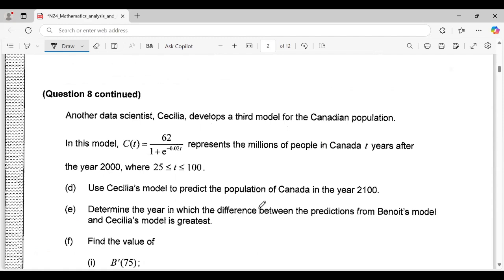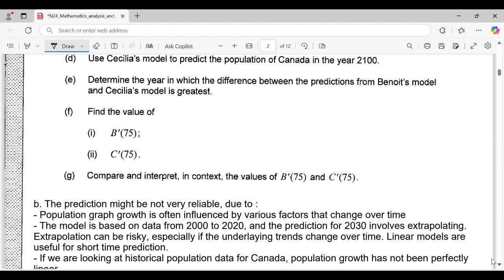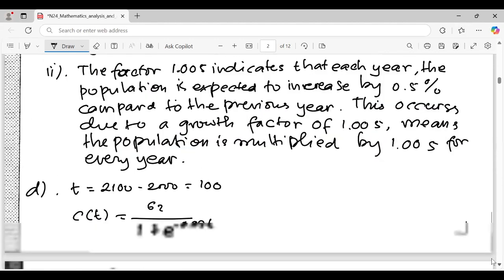So it means we are going to figure out the gap, in which year the gap in the population between Cecilia's model and Benoit's model is greatest.